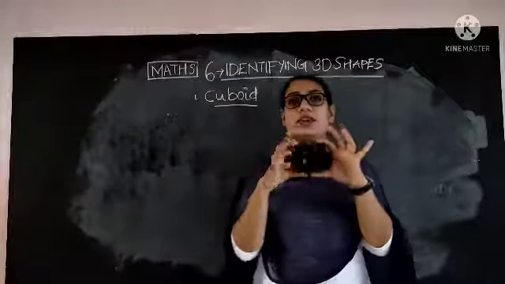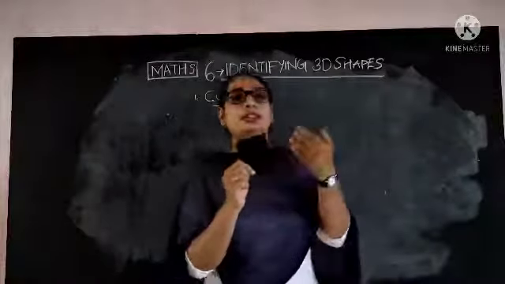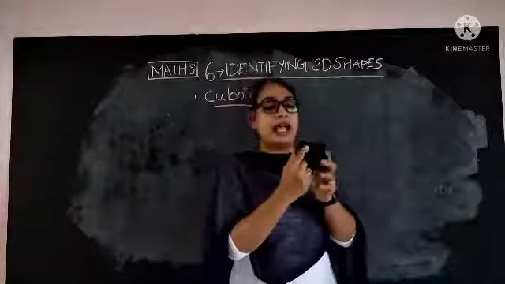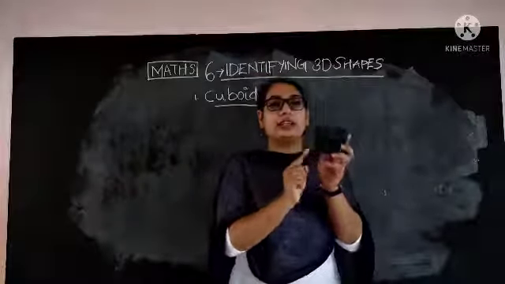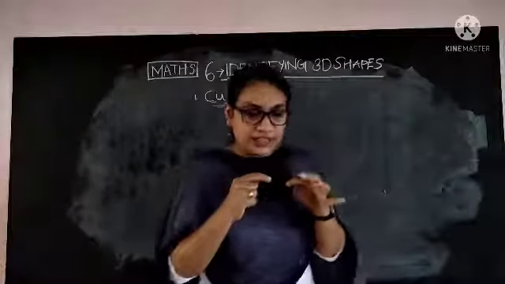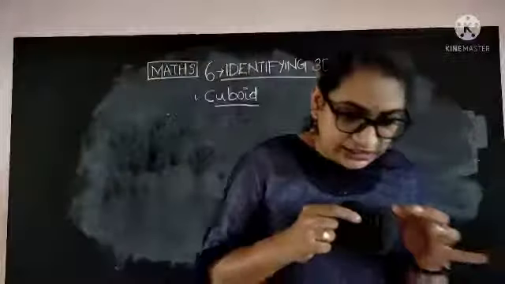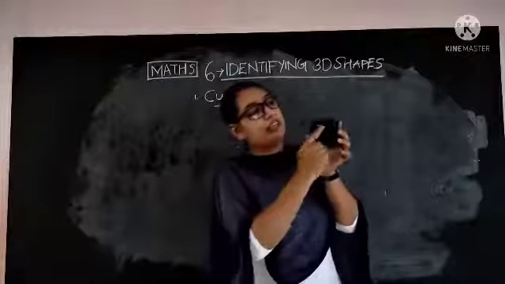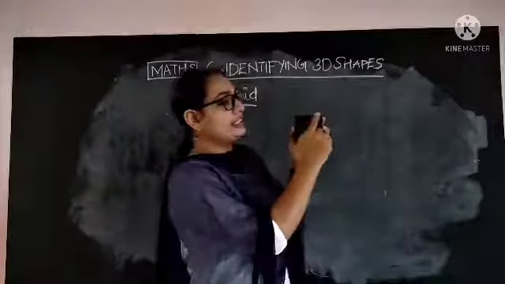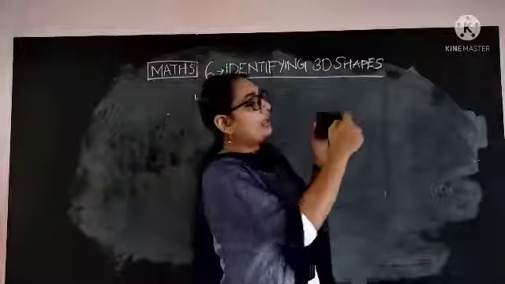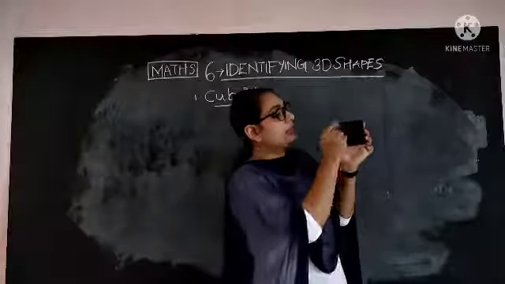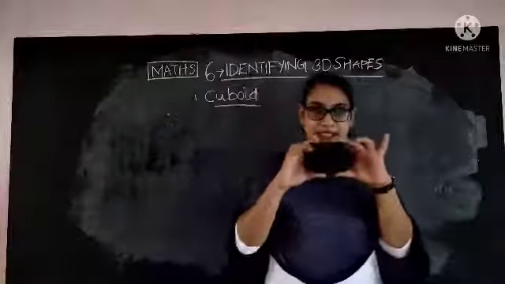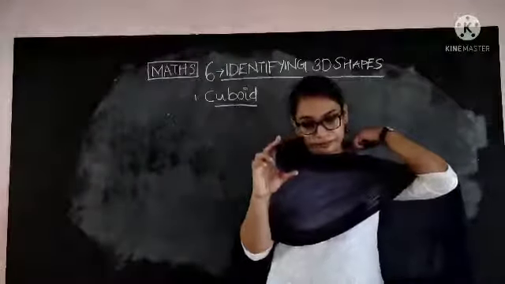The main features of these 3D figures are that they have faces, edges and vertices. This is called a face. This is called an edge. And vertex, as you know, the corners are called vertices. So this is a cuboid.